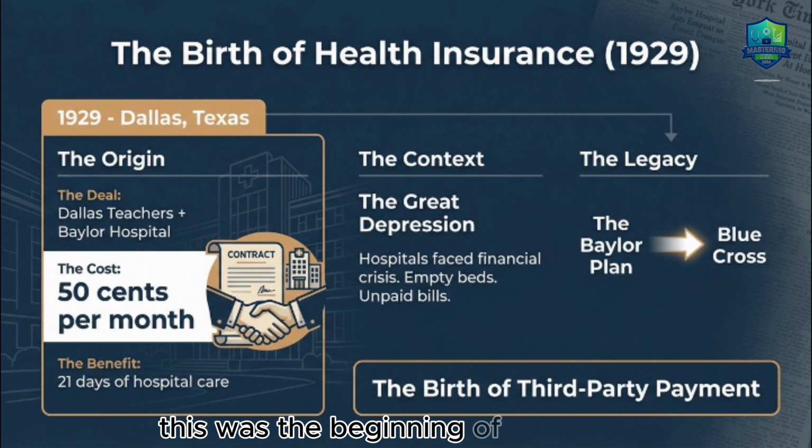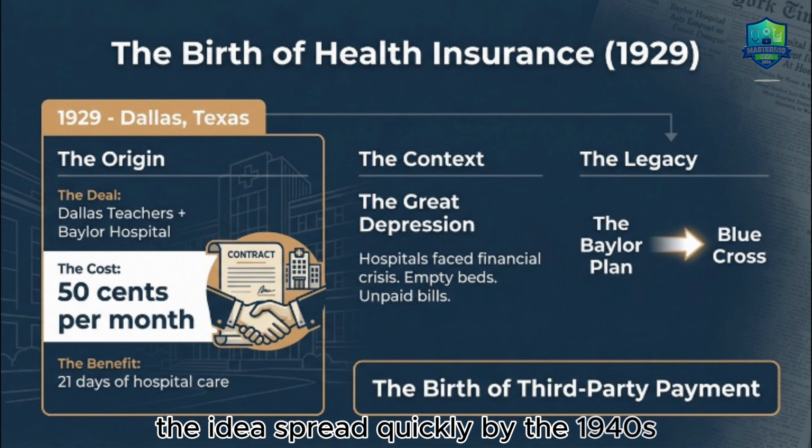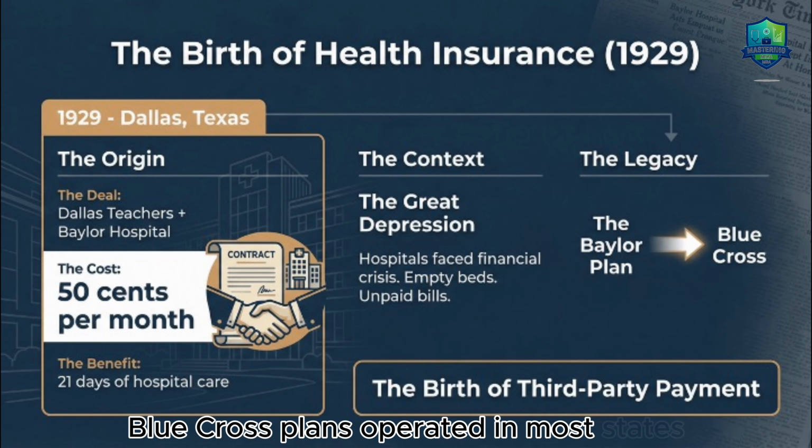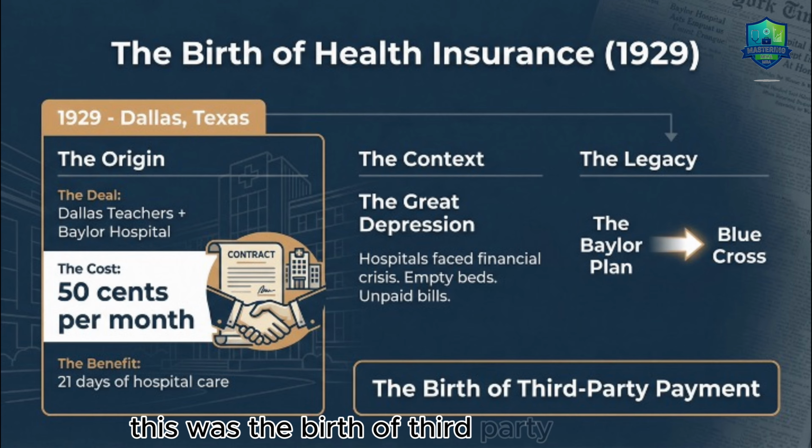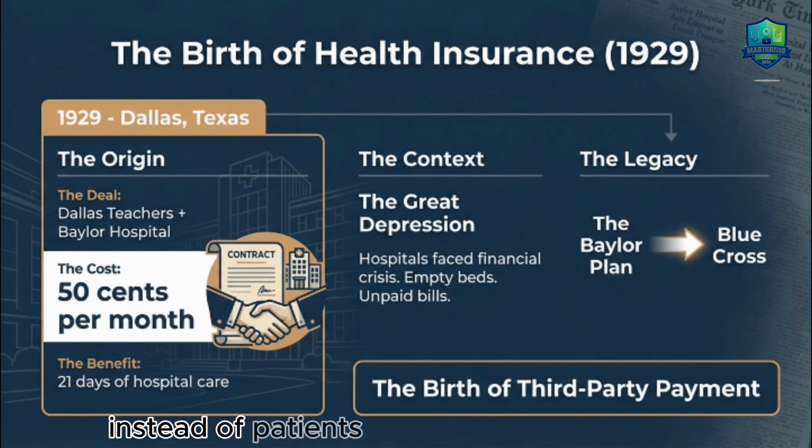This was the beginning of Blue Cross, prepaid hospital insurance. The idea spread quickly. By the 1940s, Blue Cross plans operated in most states. This was the birth of third-party payment. Instead of patients paying hospitals directly, an insurer sat in the middle. That changed everything about how healthcare was financed.